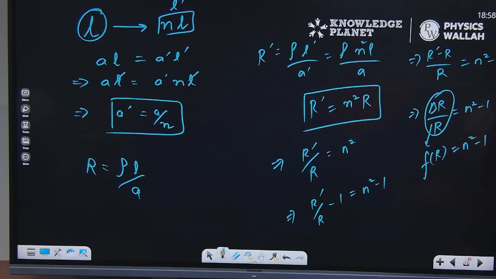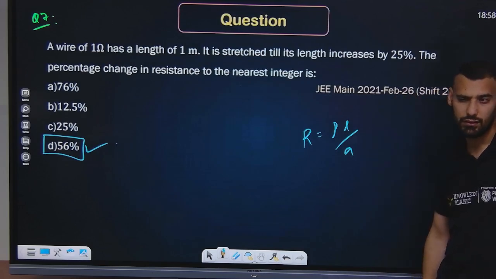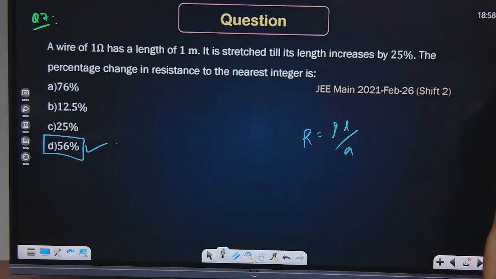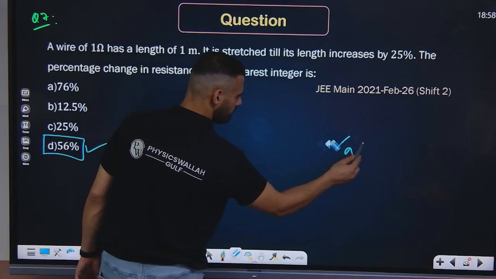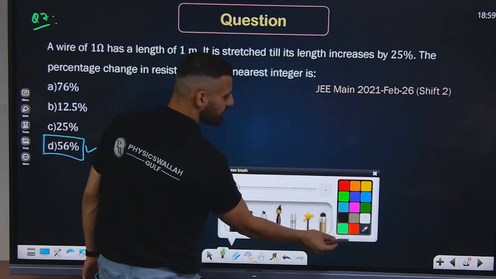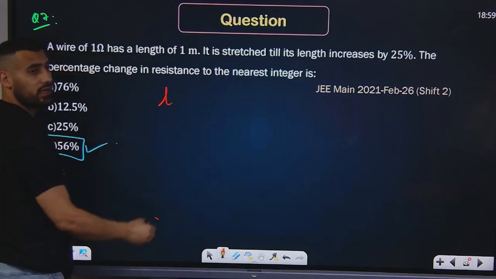Sometimes you'll ask me percentage, multiply by 100. So do you understand fractional change? Now go through the lines again. What is the new length? 1.25. Is that fine? What is N? N is 1.25, which is 5 by 4, right? Original length was L. What is the new length?